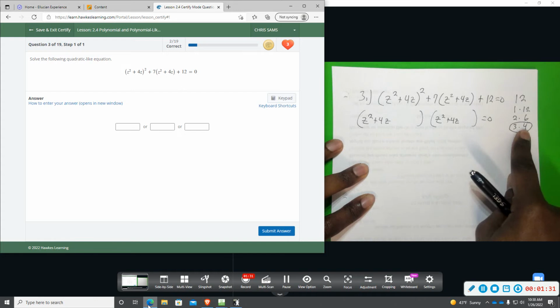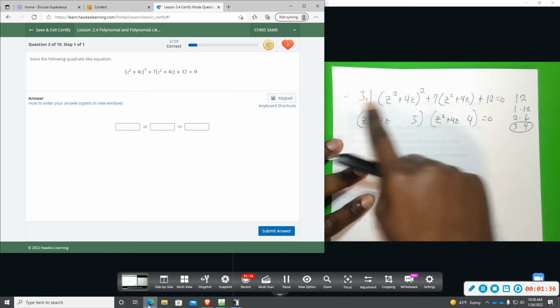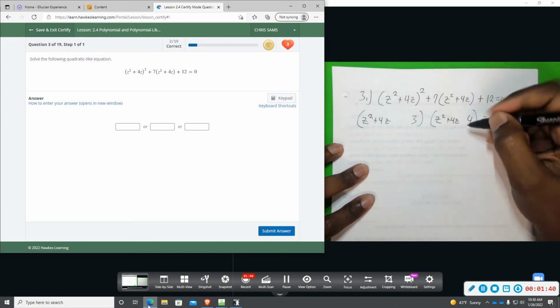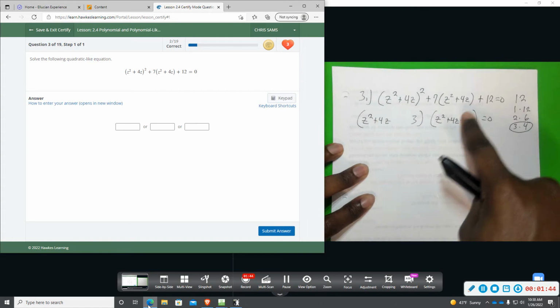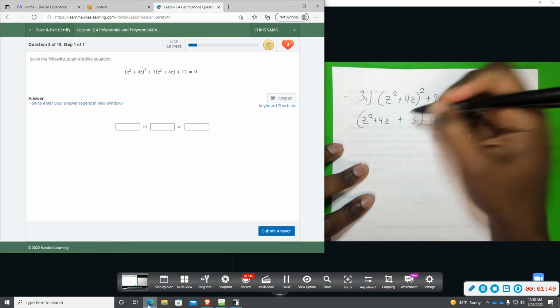And then at the back, I'm going to add my 3 and 4. My first sign is positive. That tells me my bigger number, so 4, is positive. And then my second sign is positive. That tells me they're the same. So if that's positive and they're the same, this also has to be positive.